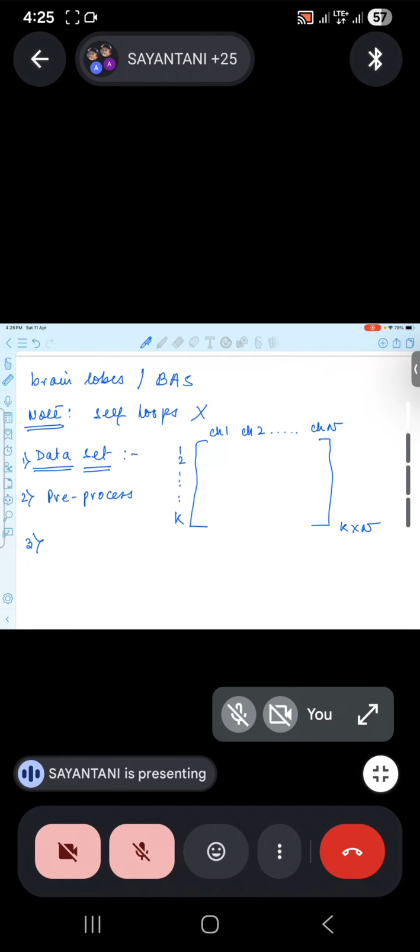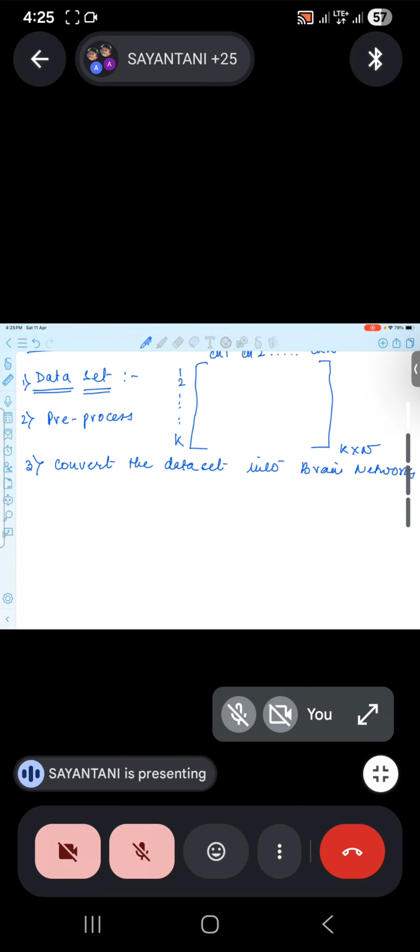Now the third step would be, you have to convert your data set into brain networks. Once you have done that conversion, the fourth step would be, you have to extract some features.